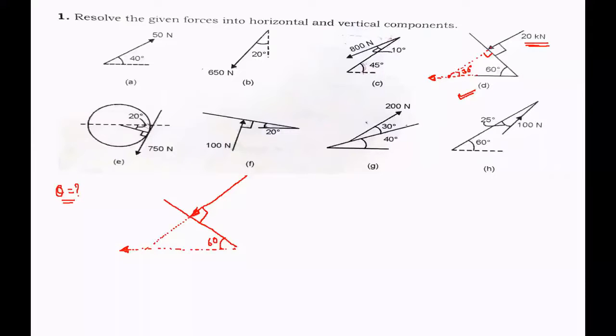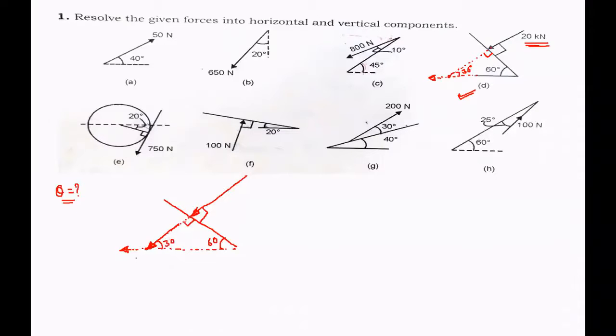Now consider this force at this point. As the force is a transmissible vector, that means along the line of action, we can show the force anywhere. So instead of this point, I am showing the force at this point. Sorry, this is 60, this is 90. So the remaining angle is 30 degree.